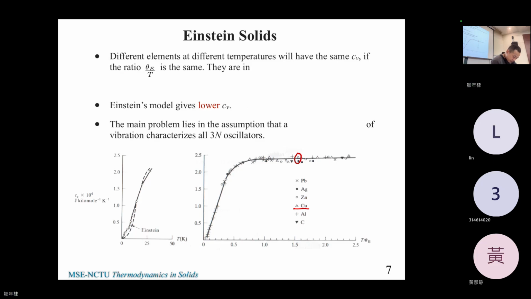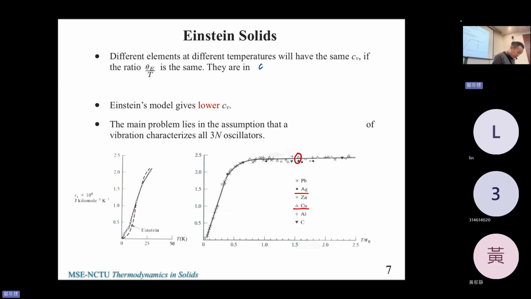And the dot is Ag, silver. And they have the same point, the same value. And we will say they are in a corresponding state.